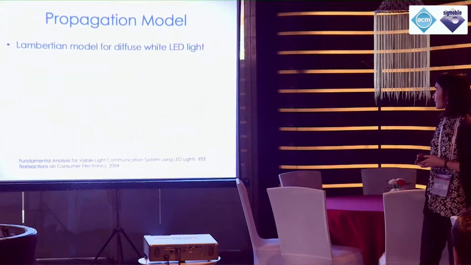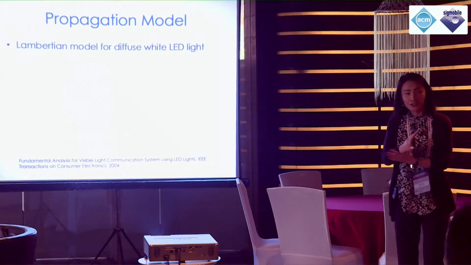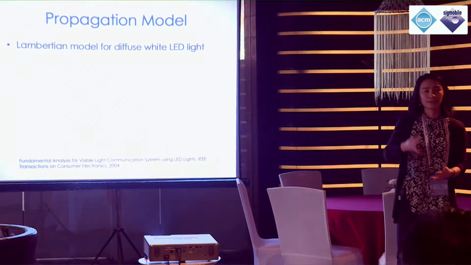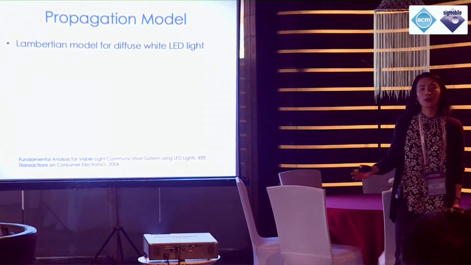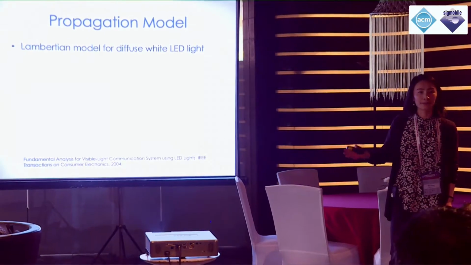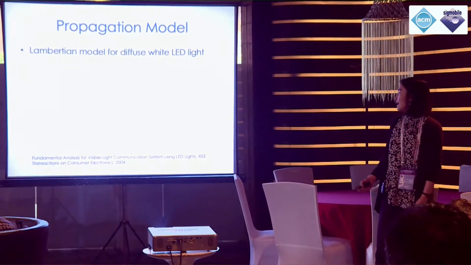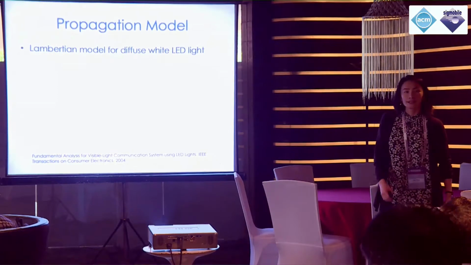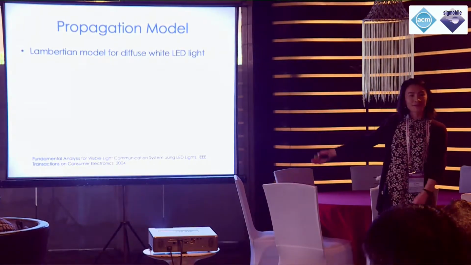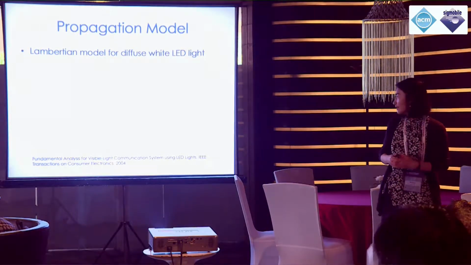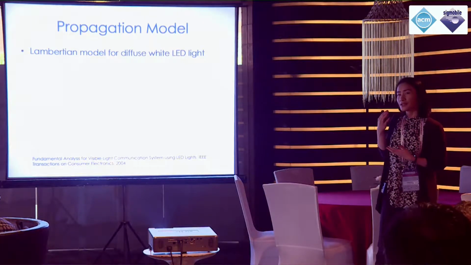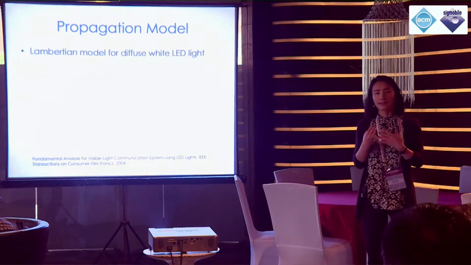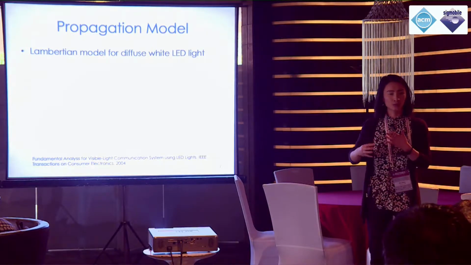Yeah. So in order to describe how the light signal is propagating over space, the typical model people use is called the Lambertian propagation model. That comes from a seminal paper published in 2004 by a research group in Japan. It essentially assumes the Lambertian radiation pattern at the source.